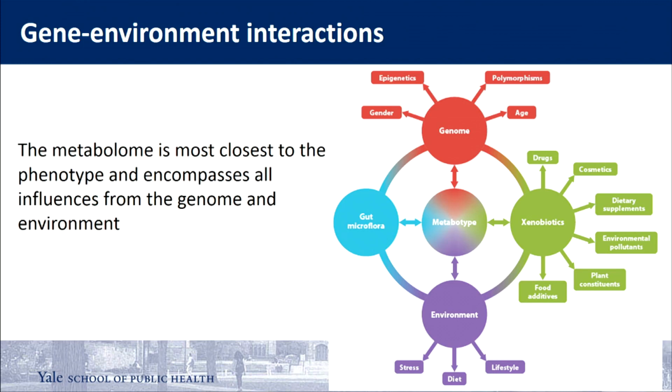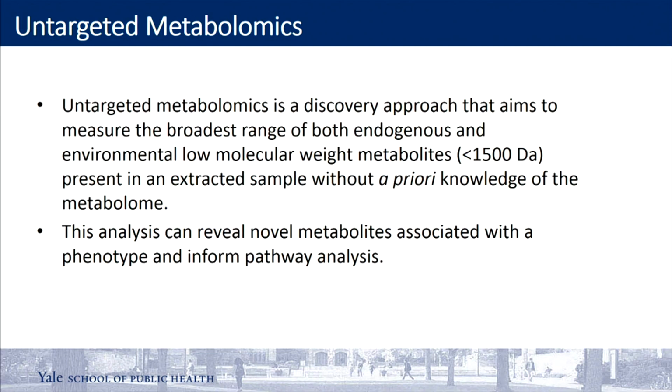You also have the environment in terms of stress, diet, and lifestyle, but of course you have the xenobiotics that are present in all exposures, from air pollution to water to everything. So the metabolome is the data set of small molecules that exist in every tissue and every cell. This is what the metabolome is.